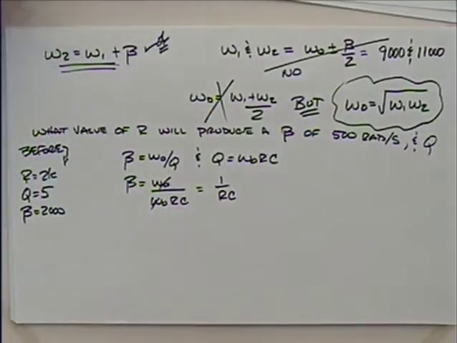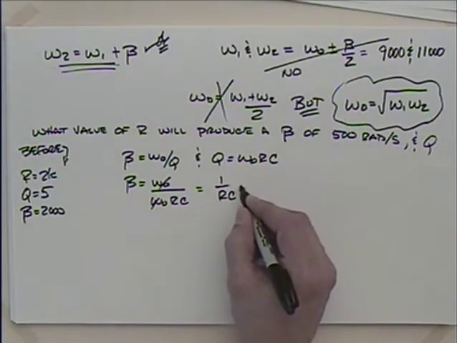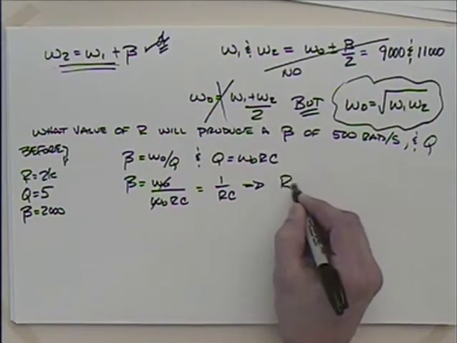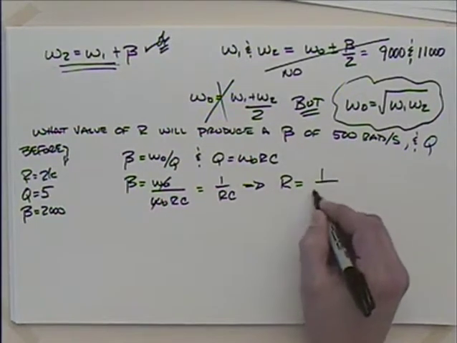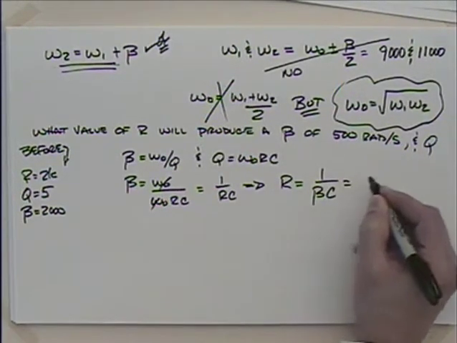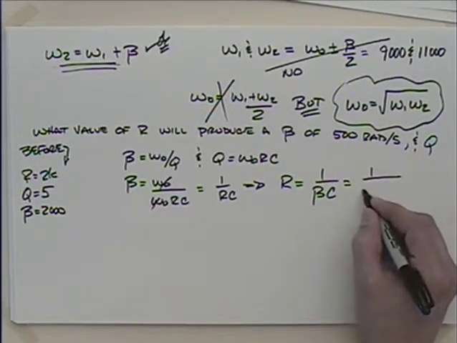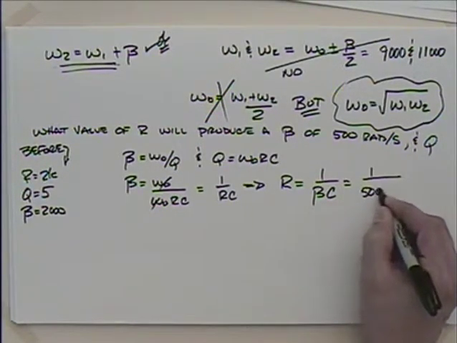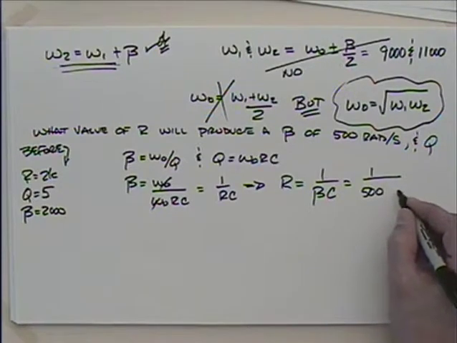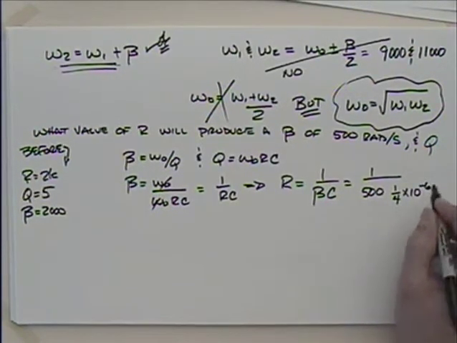So we could say then that the resistance is equal to 1 over the bandwidth times the capacitance. So I have 1 divided by 500, and then a quarter times 10 to the minus 6, a quarter microfarad.